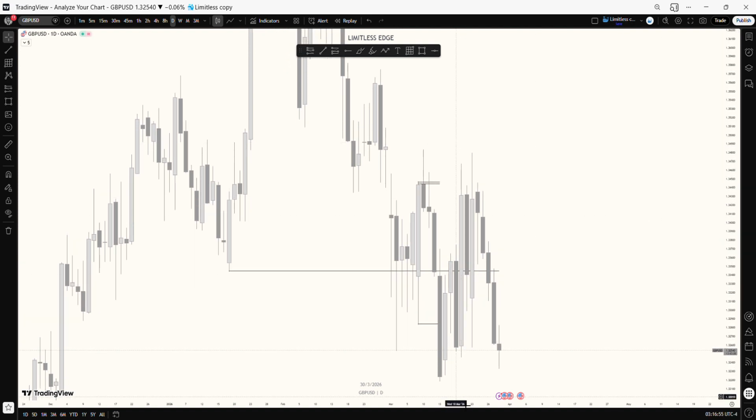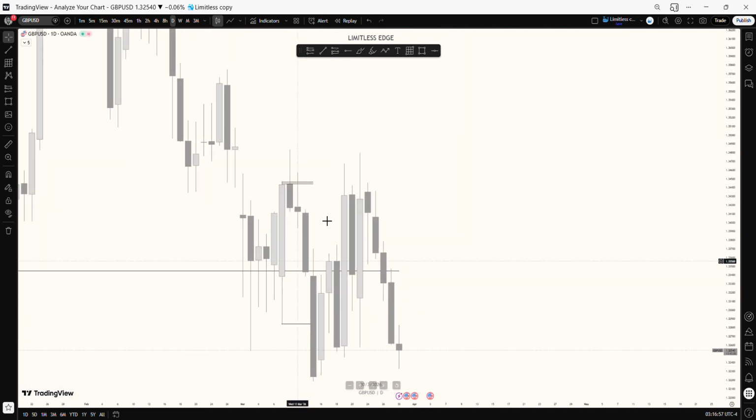When we have candle range low and candle range high, and the next candle that opened closes below the high of the previous candle, it means we are going to be targeting the low of that candle that started the range, which is this low, and that was what happened here.